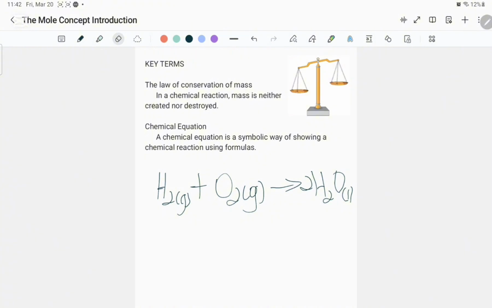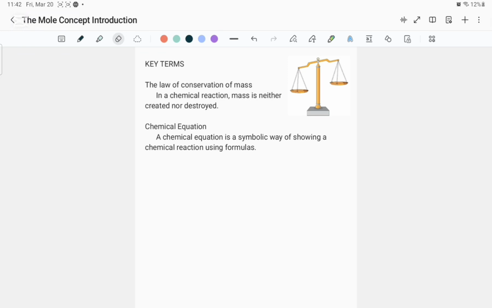Good. There are some important steps we should take when we are about to balance a chemical equation. Let's go through them together. For example, let's say we have the same formation of water, which is H2 gas plus O2.